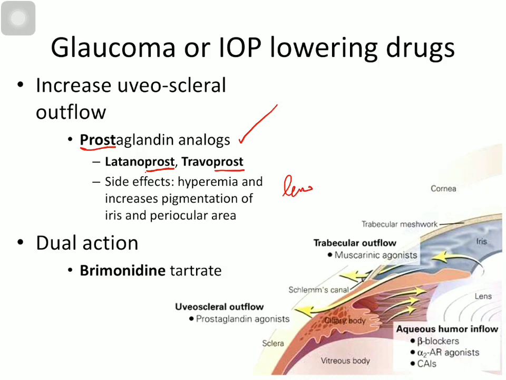This can also cause lengthening of the eyelashes. There are drugs that have dual action, such as your brimonidine tartrate. They decrease aqueous humor inflow and increase uveoscleral outflow at the same time.